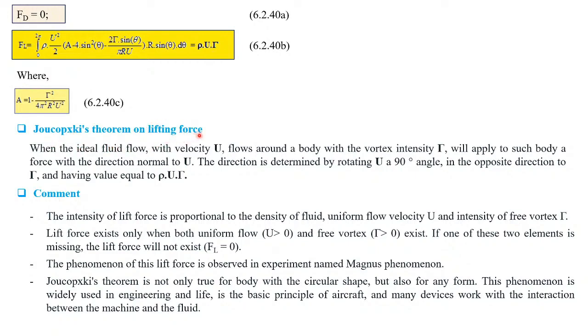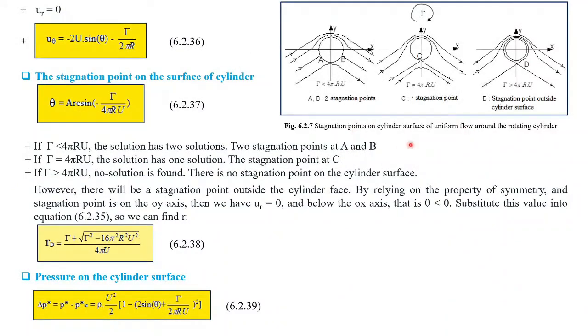Theorem, Joukowsky theorem: when an ideal fluid flows with velocity U around a body with a vortex intensity gamma, a vortex intensity gamma will apply to such a body a force with the direction normal to U. So you can see here, if U is parallel to the x-axis, then the force is normal to x.